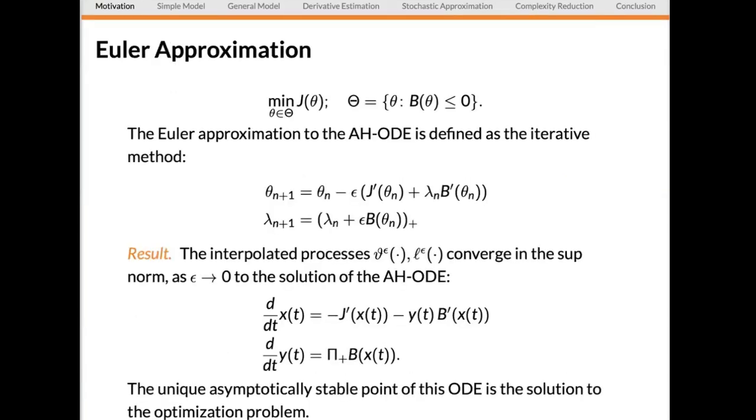The iterative solution takes one step at a time, and the steps have a size, which we call the step size epsilon. This moves in the direction of minimizing the Lagrangian, that's why it's going down, and this moves in the direction of maximizing.